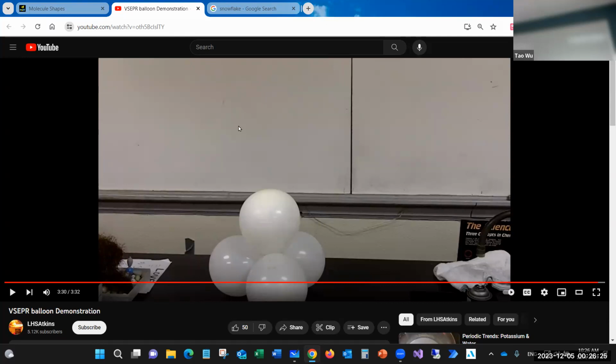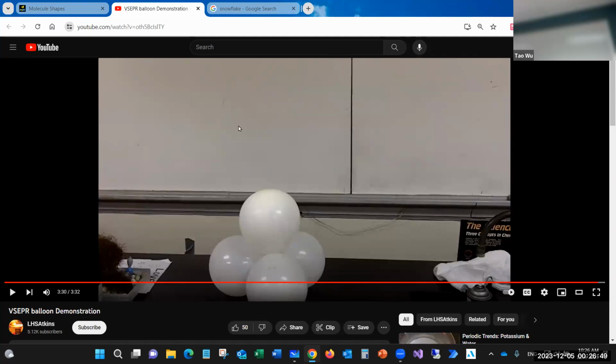They cannot have 7 repulsions. That's impossible. So 6 is the maximum, and this structure is called the octahedron. Octa means 8, right? Octahedron means 8 faces. Like tetrahedron means 4 faces, and this is 8 faces.